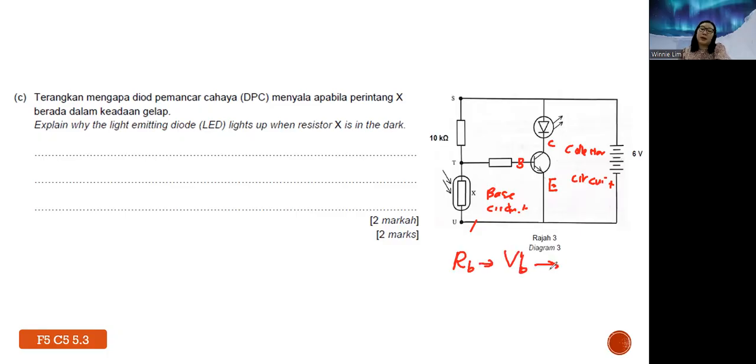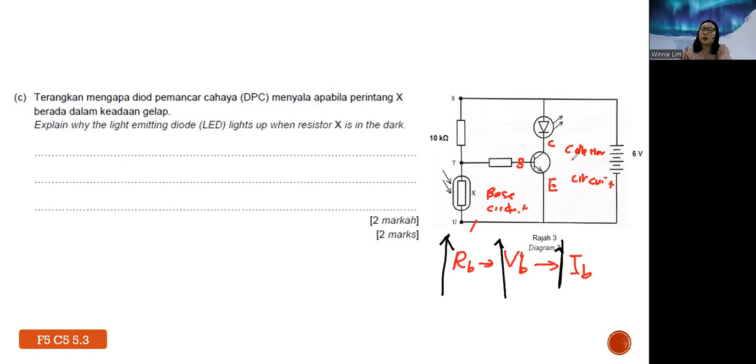Then the base voltage causes the current that flows, more specifically the base current. So all of these must be high enough. That means if your resistance is high enough, your base voltage will be high because they are directly proportional. Then when the base voltage is high, the current will also be high enough, hence the transistor will switch on and collector current will flow. So this is the sequence.